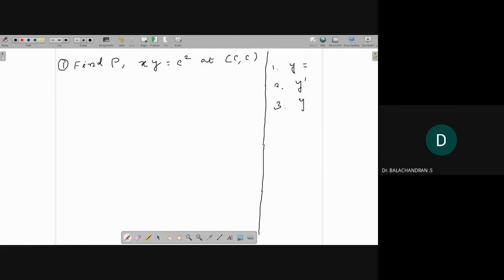Third step, find y dash at the given point. Fourth step, find y double dash. Fifth step, find y double dash at the given point. Sixth step, calculate rho at the given point. If you know this procedure, you can easily solve any problem on radius of curvature. It's like an algorithm.